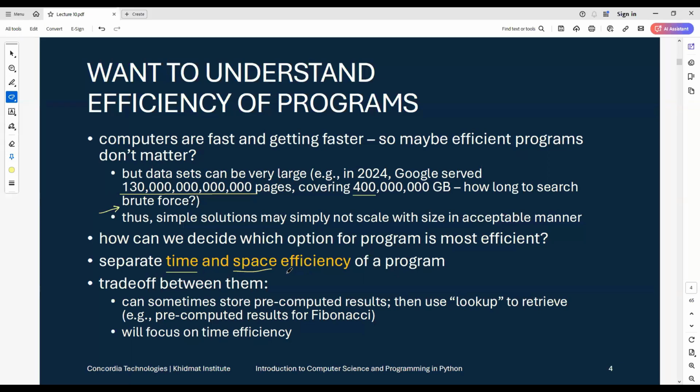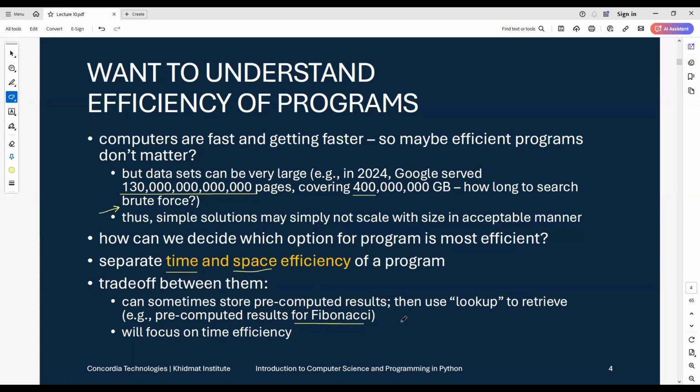We can always try to make our algorithms more efficient. For example, you would remember from our lecture on recursion and dictionaries that when we try to find out the Fibonacci of just a small number, 34, for example, the number of operations that it had to do was about 11 million.